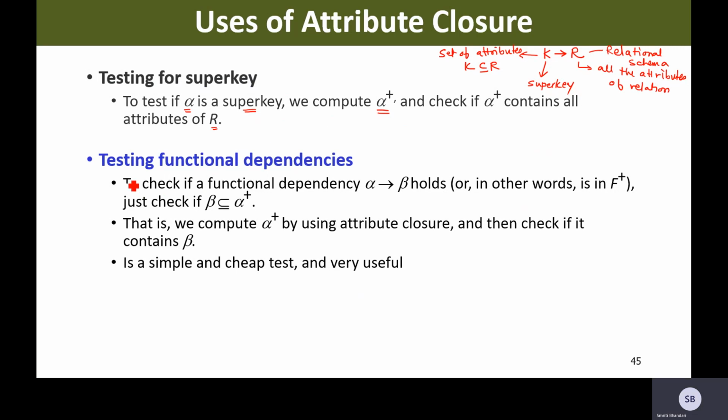The next use is to test functional dependencies.